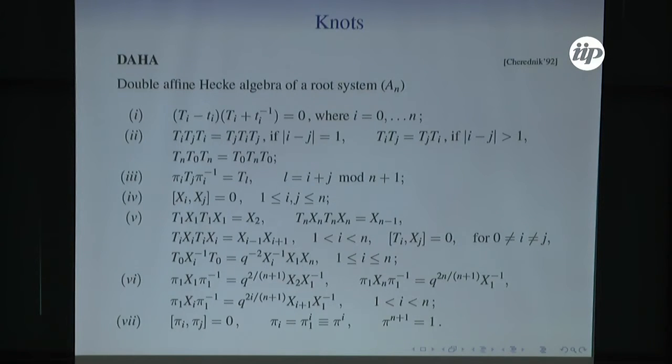It looks a bit complicated, but it's a nice algebra, which in particular helped Cherednik to prove some relations for symmetric polynomials. But later, he also came up with a proposal for how to compute knot invariants using this algebra.